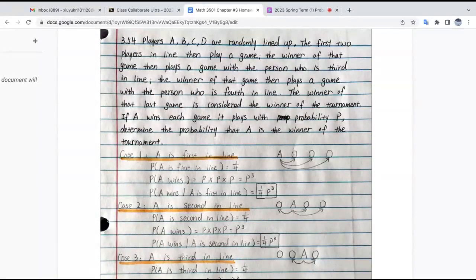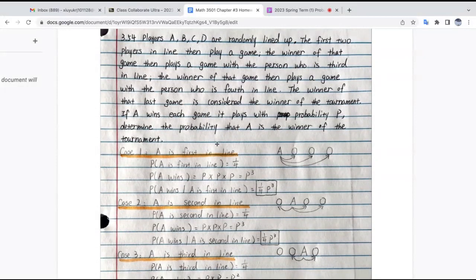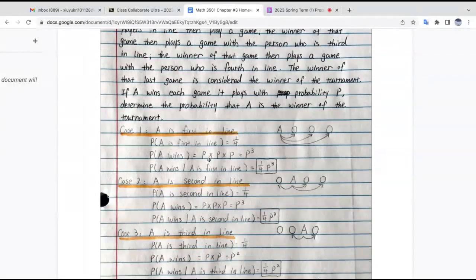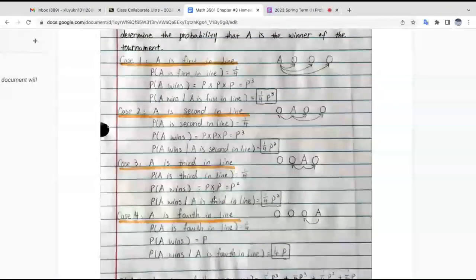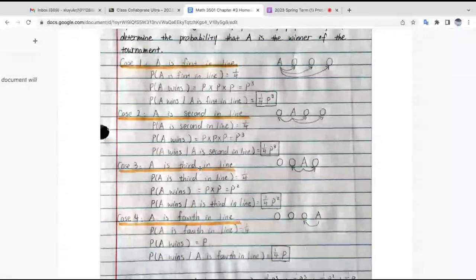The winner of that last game is considered the winner of the tournament. If A wins each game it plays with probability P, determine the probability that A is the winner of the tournament. So in this question, we have 4 cases.